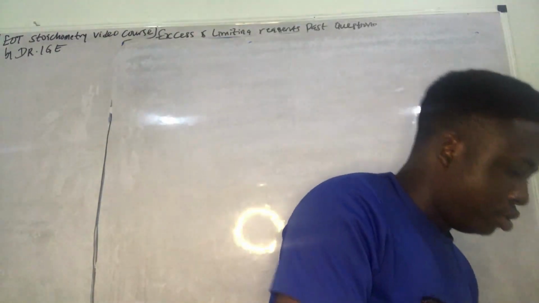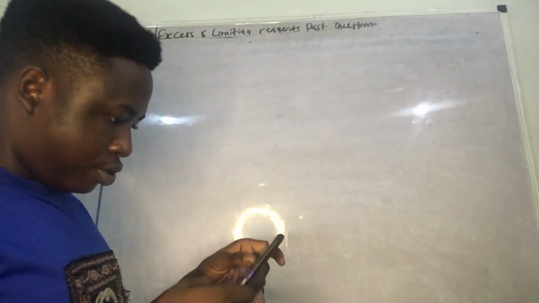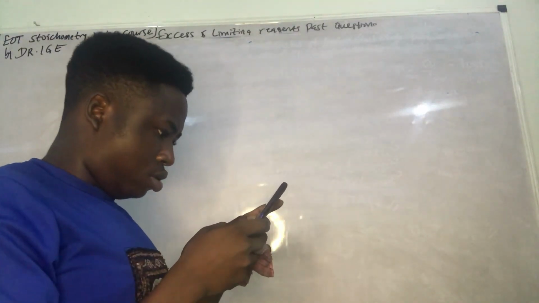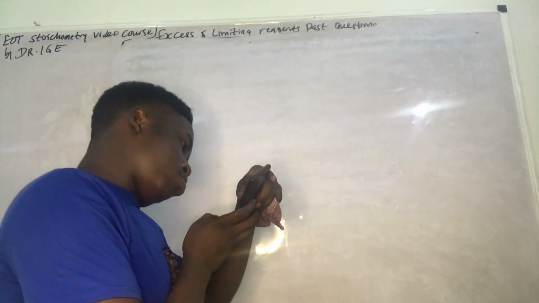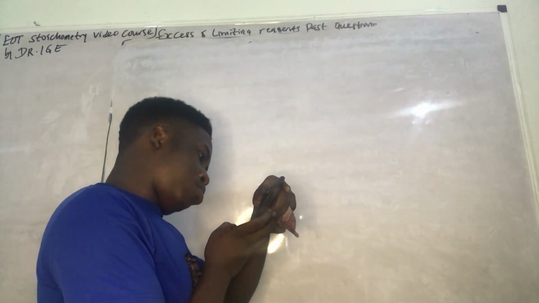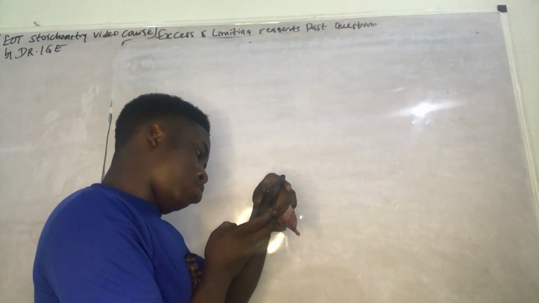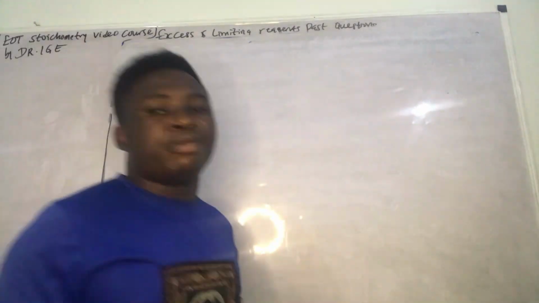Let's see example 4. Example 4 is similar to example 2. Now I have to do it with magnesium and HCl.